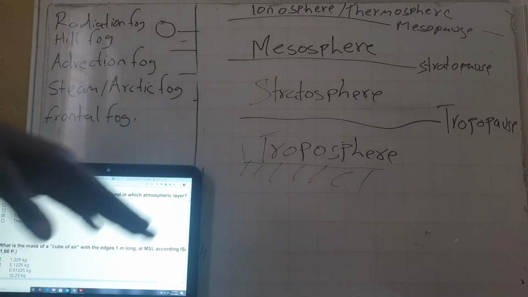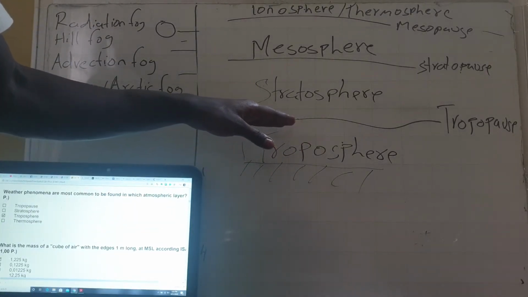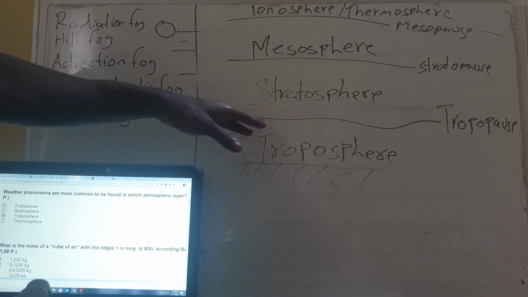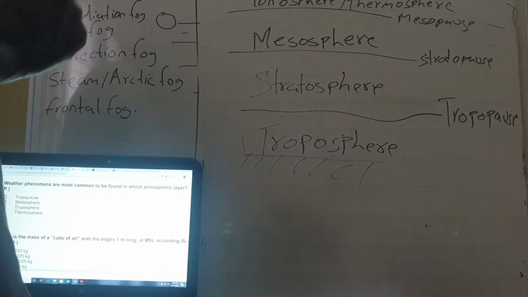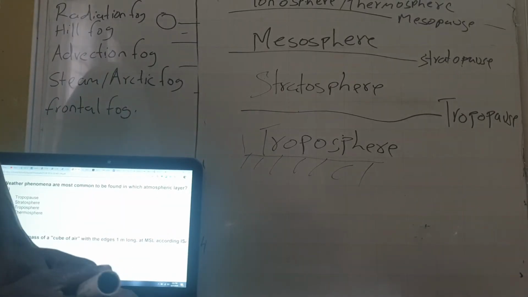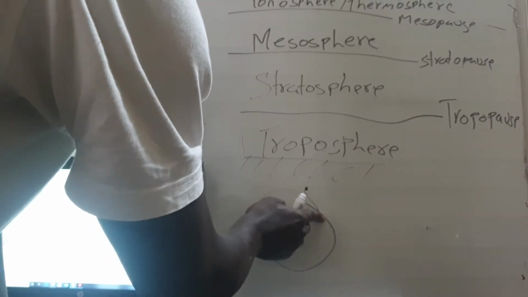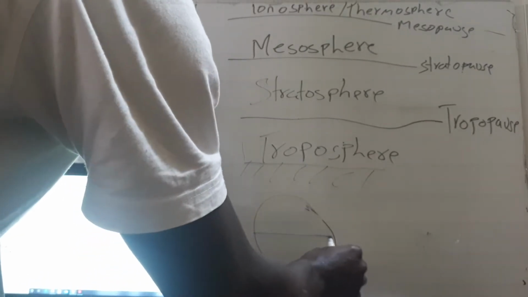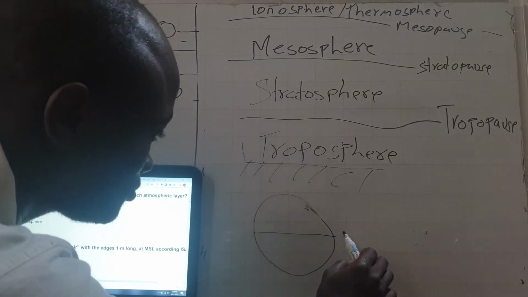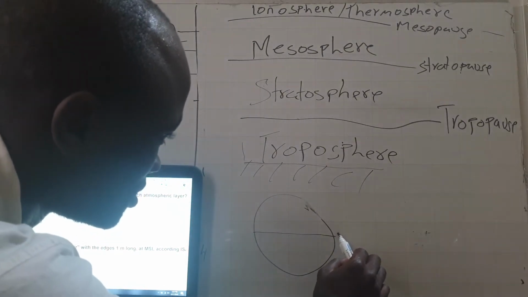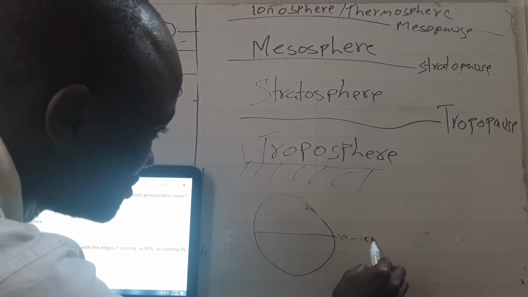So most weather phenomena occur in the troposphere. Let's talk about the troposphere. On the Earth, the height of the troposphere at the equator ranges from 10 to 18 kilometers.